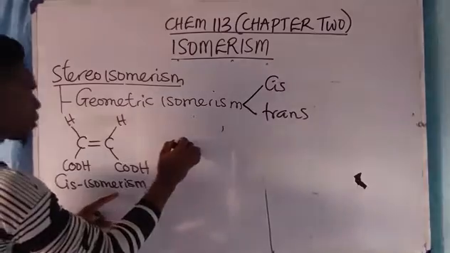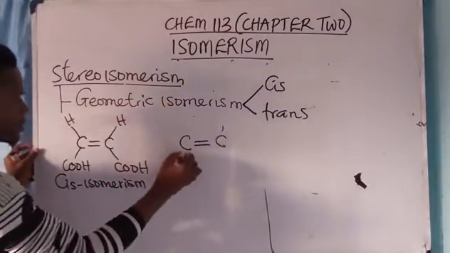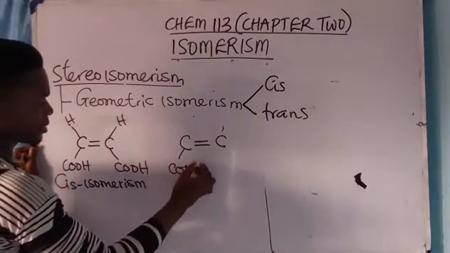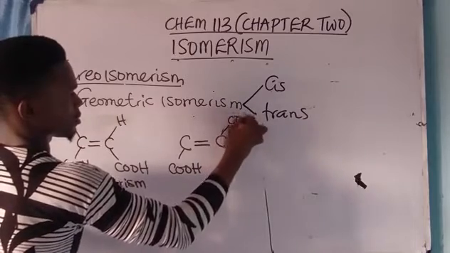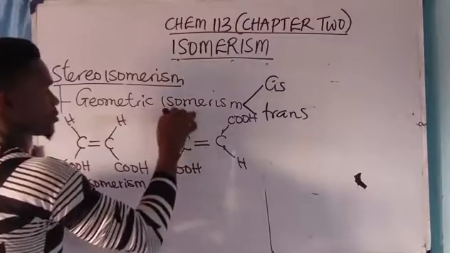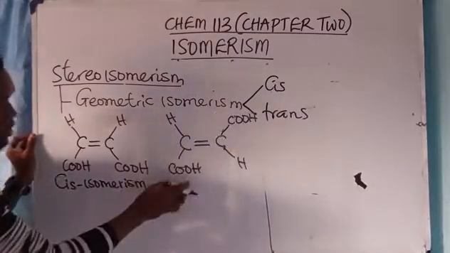Now, but a type of isomerism in which the two substituents are found on different parts, like something like this. You can see one is up, the other one is down. So this is what?